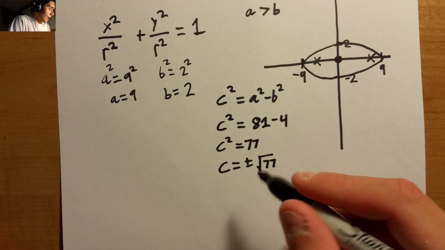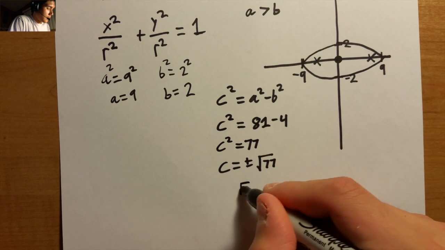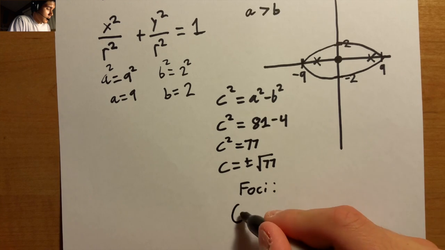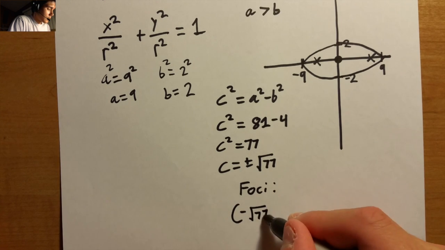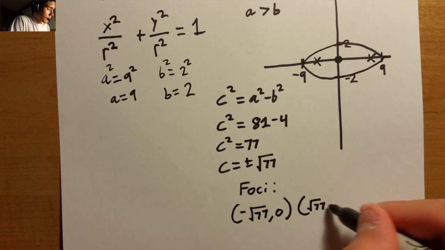So now our foci are essentially going to be negative square root 77 comma 0, and then square root 77 comma 0.